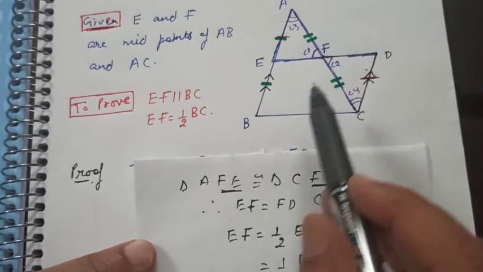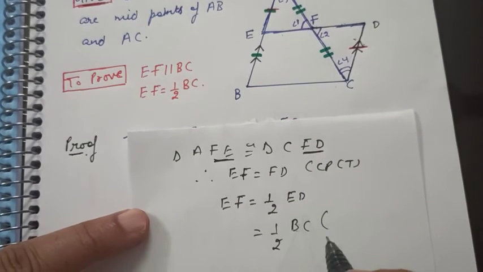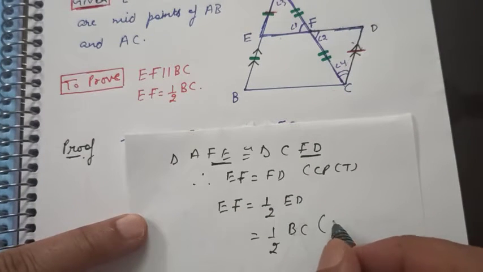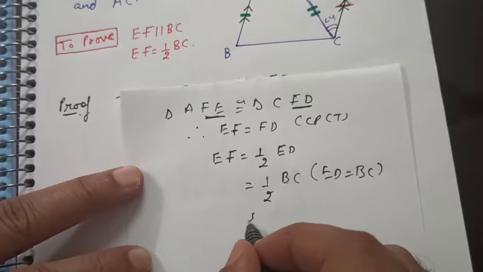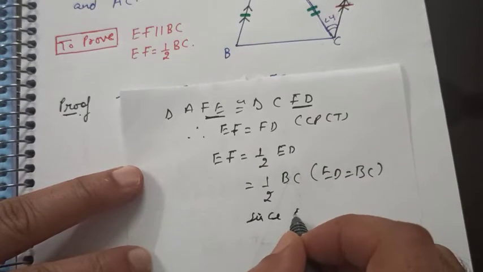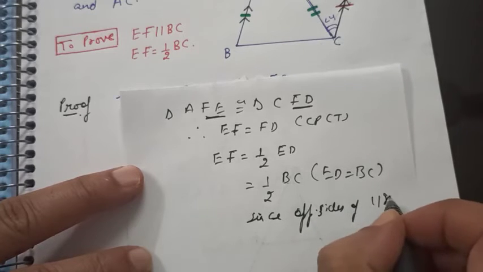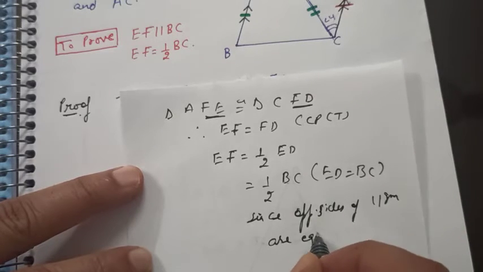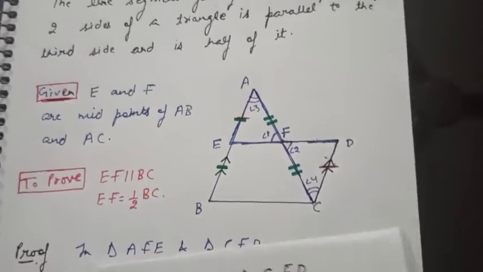Because I can write, instead of ED I can write BC, because this is a parallelogram and opposite sides of a parallelogram are equal, right? ED is equal to BC since opposite sides of a parallelogram are equal, right? So let's see it again.